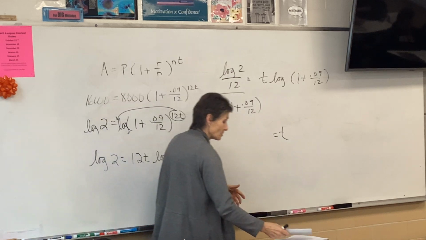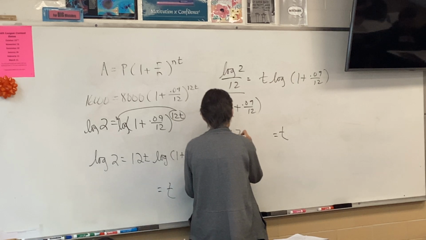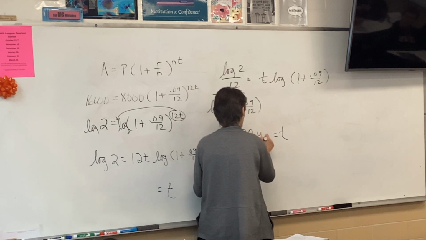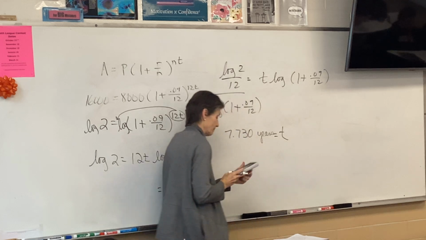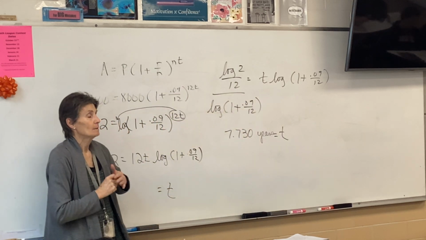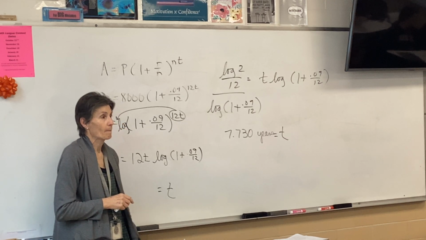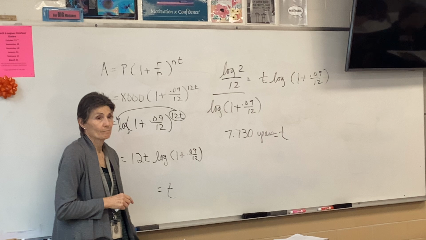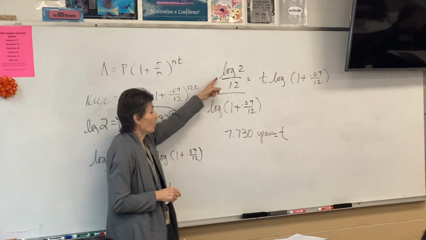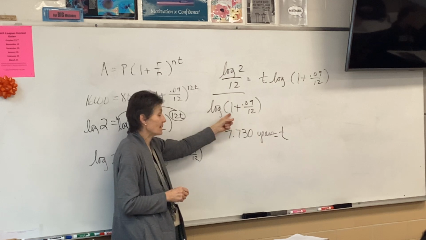And I get an answer with 0 round off, 7.730 years. How long will it take her to double her money? A little less than 8 years.